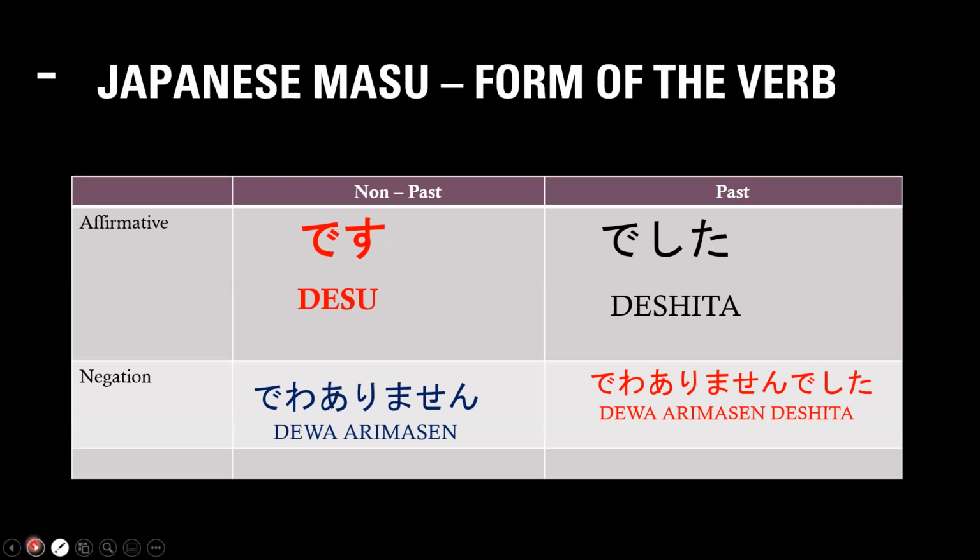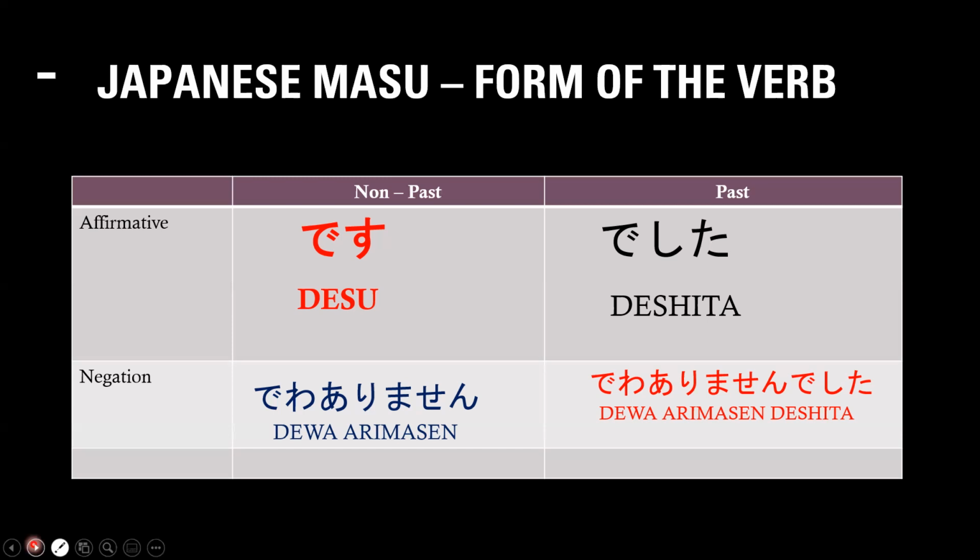Okay. Next. Dewa arimasen. Watashi wa bengoshi dewa arimasen. I'm not a lawyer. So dewa arimasen means to say that currently and in the future, you are not a lawyer. You don't see yourself currently and in the future as a lawyer. Now, this one is again just like the masendeshta, which gives me a hard time. So, ganun din siya.